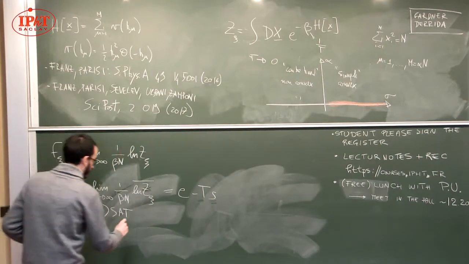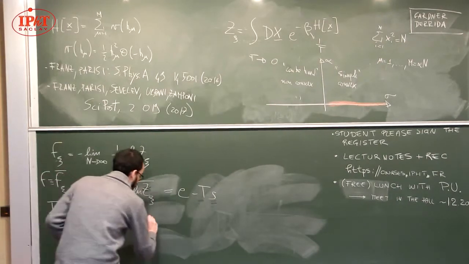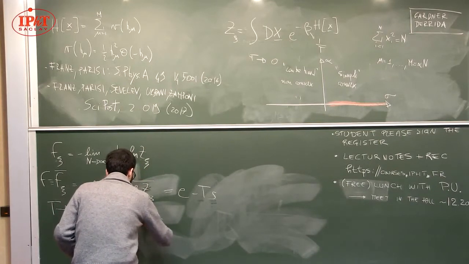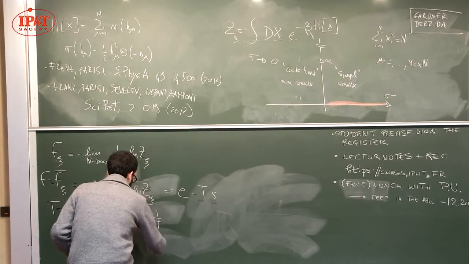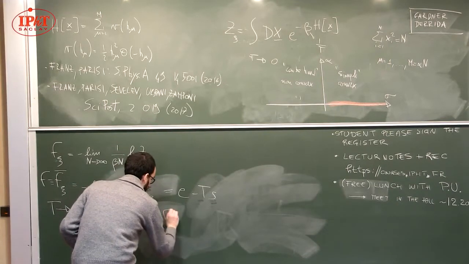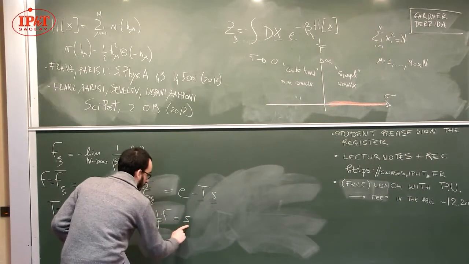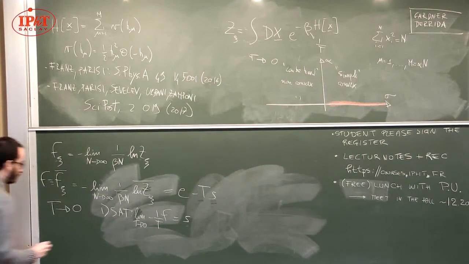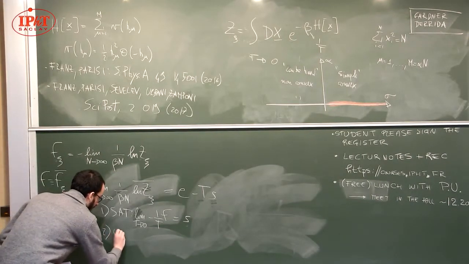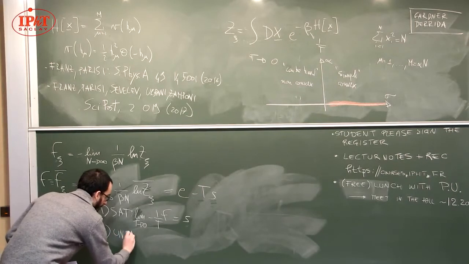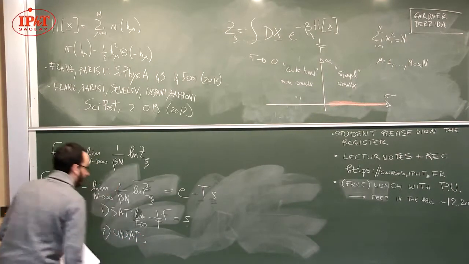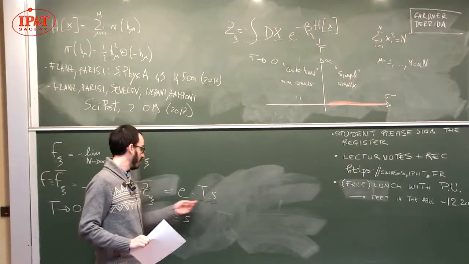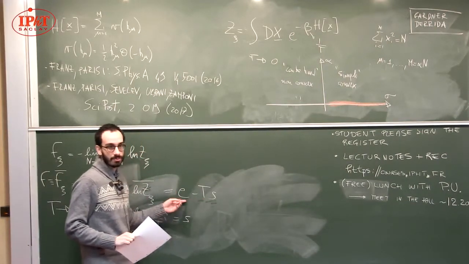So in this case, if you just do minus 1 over T, you get the entropy of solutions. If you are in the unsat phase, then the entropy goes to 0, and then you get just the ground state of the problem.